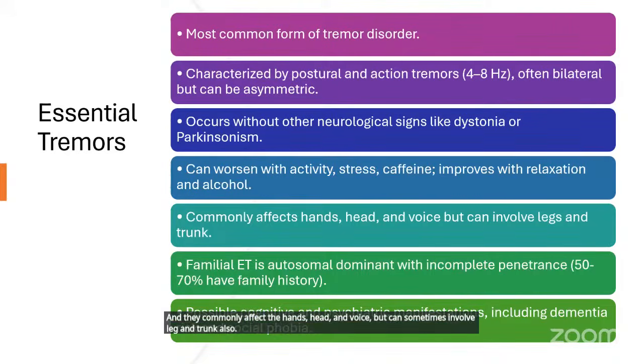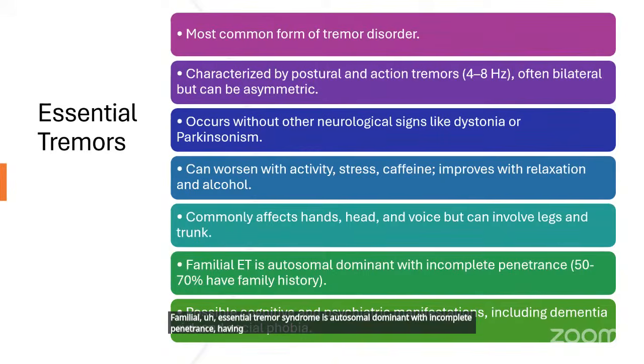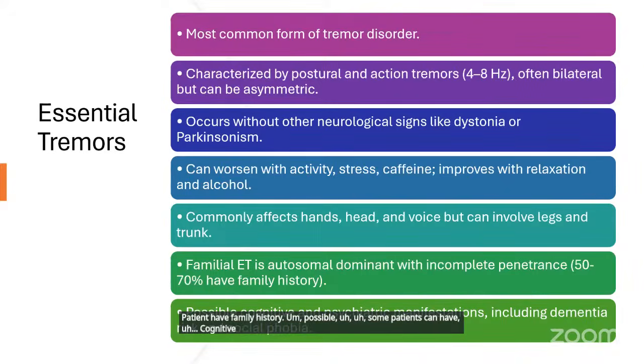Familial essential tremor syndrome is autosomal dominant with incomplete penetrance, with 50 to 70% of patients having a family history. Some patients can have cognitive and psychiatric manifestations, including dementia and social phobia, due to these tremors.